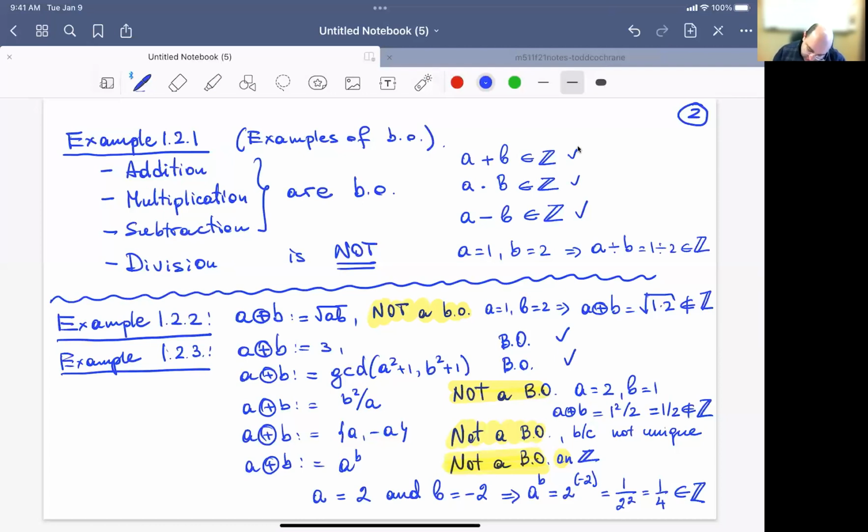So maybe I should remark here. So, remark: this thing here on the natural numbers is a binary operation.